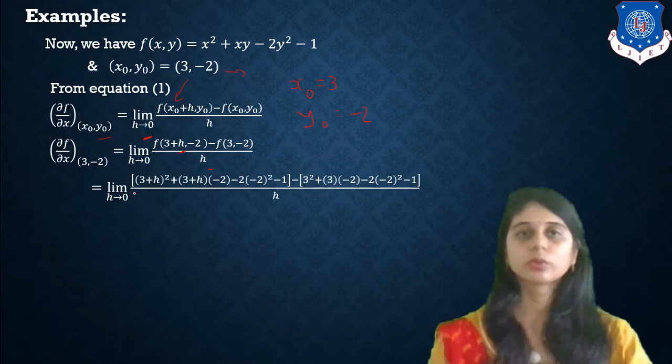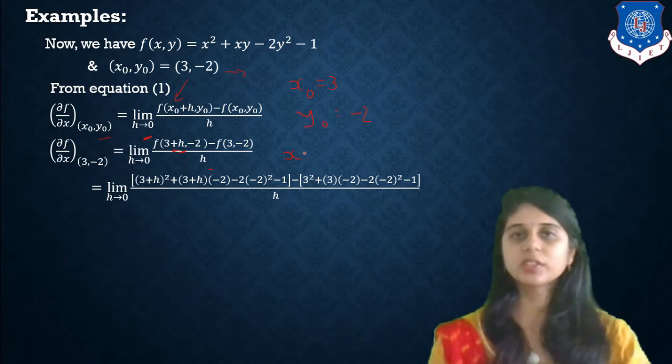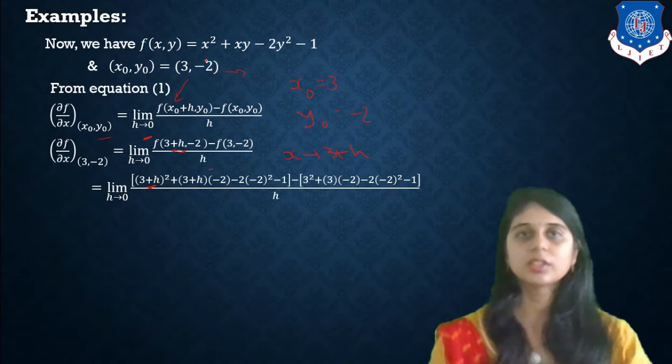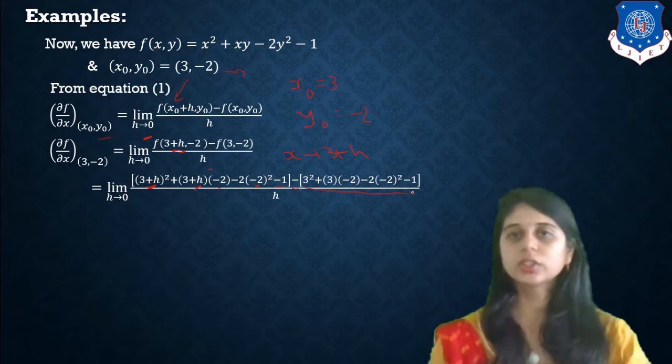In the function we replace x with 3 plus h, so we write (3 plus h) whole square, plus (3 plus h) times y, where y is minus 2, minus 2 times (minus 2) whole square, minus 1, minus the value of the function at 3.